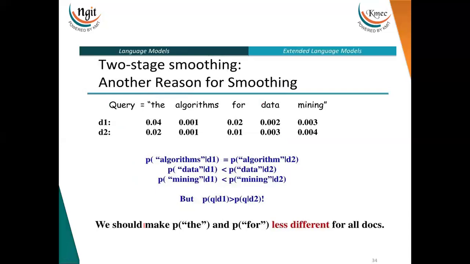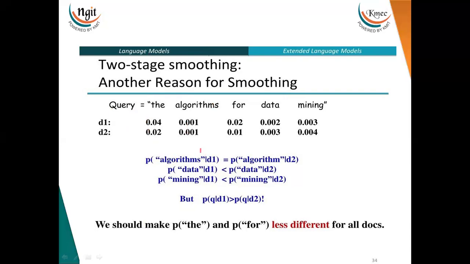Now, in the language model, we are using smoothing, so that noise is avoided. Because of smoothing, whatever is noise, the unnecessary terms that I want to remove. For that purpose, how am I going to find it out? Now, these are my words in the query, and these are the probabilities in my two documents for those terms of the query.